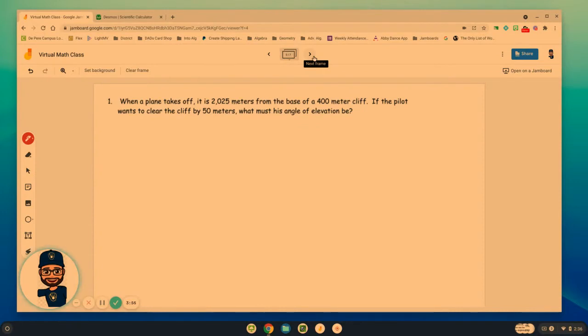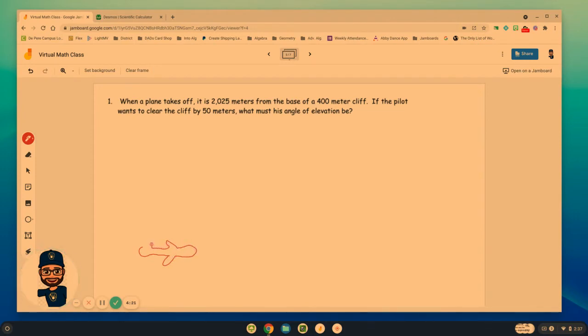When a plane takes off, it is 2,025 meters from the base, the bottom, of a 400-meter tall cliff. If the pilot wants to clear the cliff by 50 meters, what must his angle of elevation be? So again, here's our plane. You have my permission to make fun of my drawing. It's completely fine.